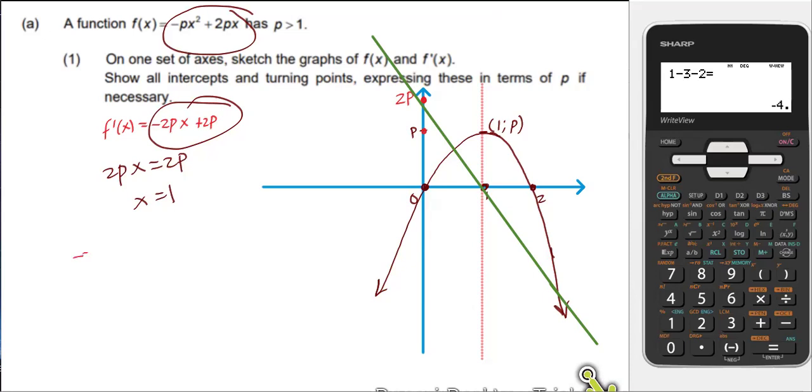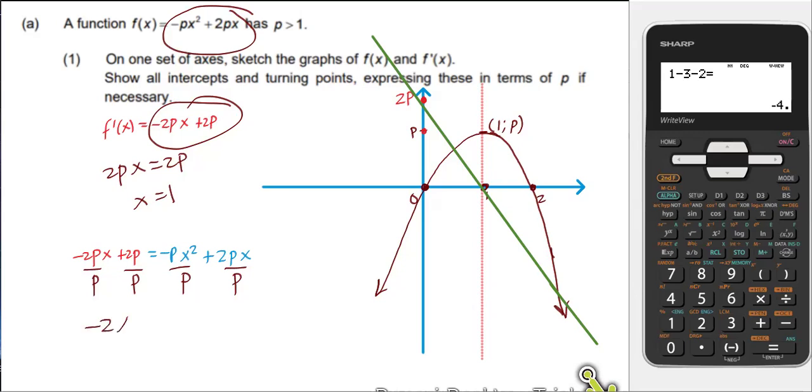So I've got minus 2px and then plus 2p equals minus px squared plus 2px. When they say it's independent, p will never be in the equation. You can divide by p on both sides, or take it out as a common factor. So the p will cancel.